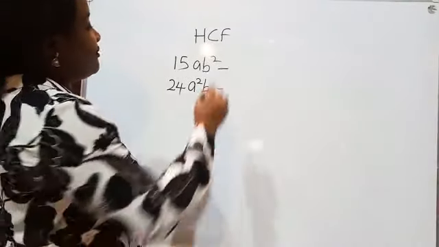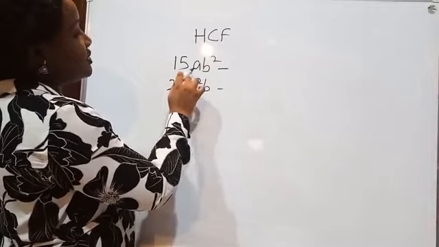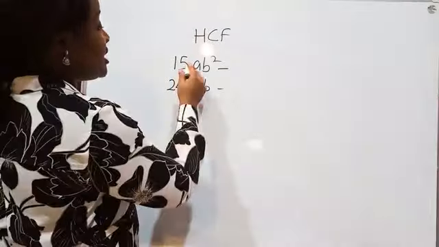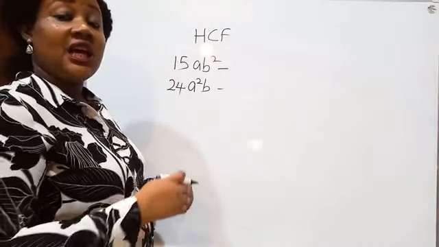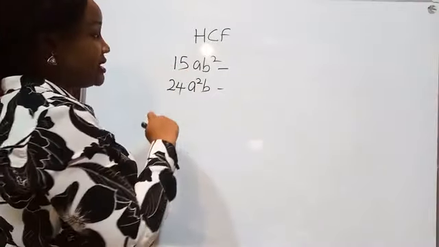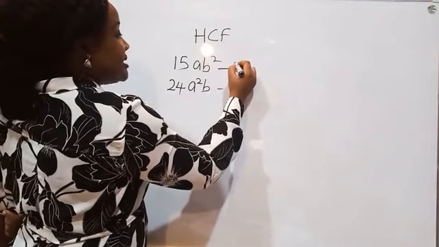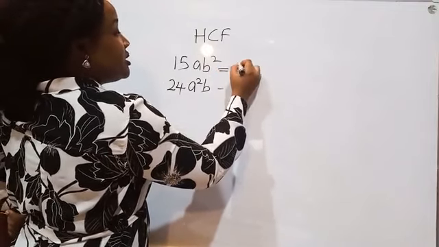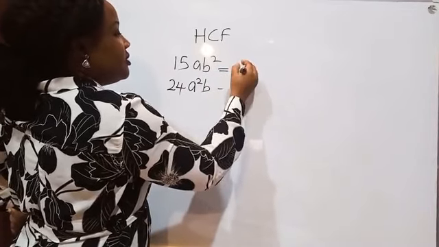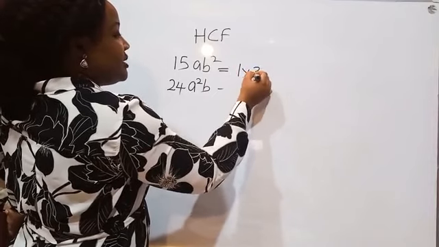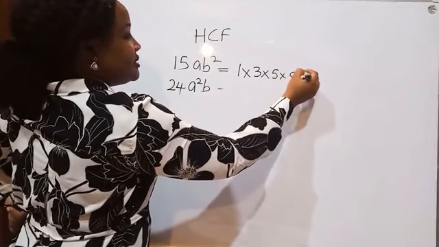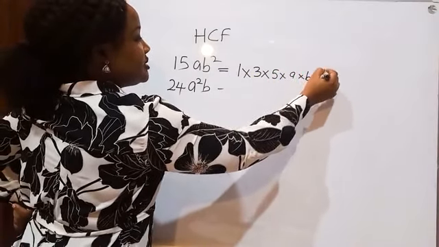So let's look at finding the HCF of 15ab squared and 24a squared b. First of all, you have to express the terms as a product of their factors. So 15ab squared is equal to 1 times 3 times 5 times a times b times b.